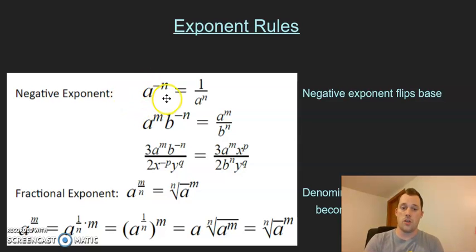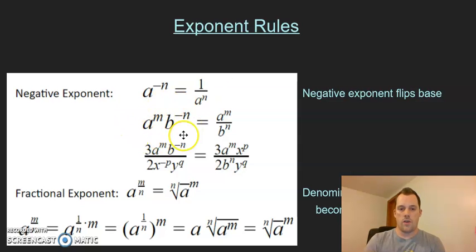So if it's in the numerator or if there's no fraction, it gets put down below into the denominator. If it's already in the denominator and it's negative, so if this was 1 over a to the negative nth power, then it takes that base in the denominator, flips it up to the numerator, and it becomes a to the power of positive n up top.